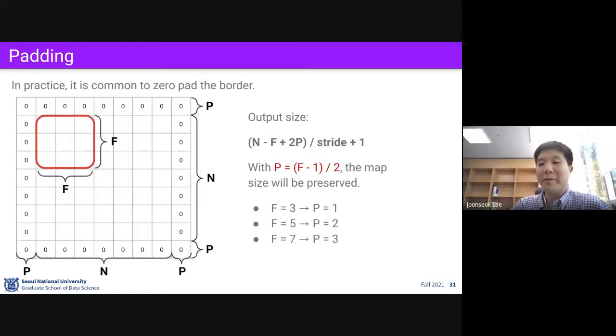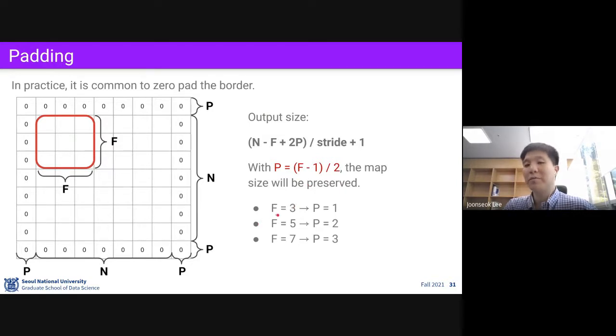So here's another summary. If we apply padding, then the output size becomes (n minus f plus 2p) divided by stride, plus 1, where p is the padding for each row or column. Here we applied the same padding on the top, bottom, left and right. If we set p equal to (f minus 1) divided by 2, then the map size will always be preserved.